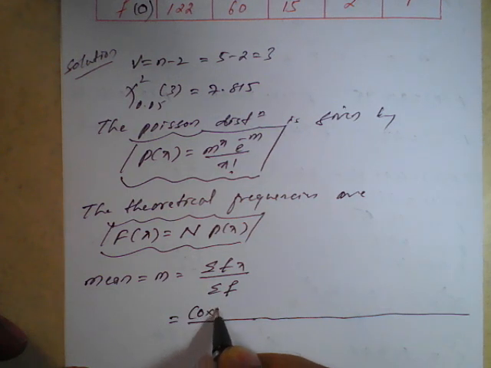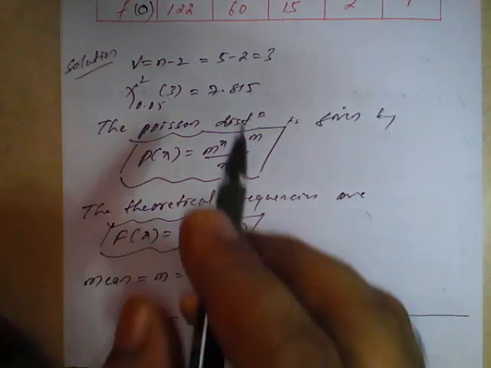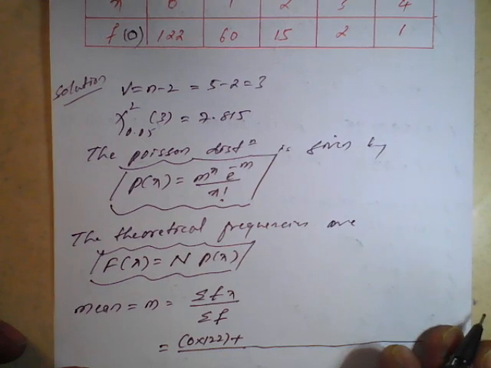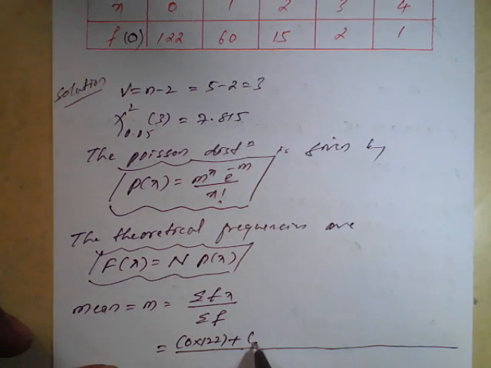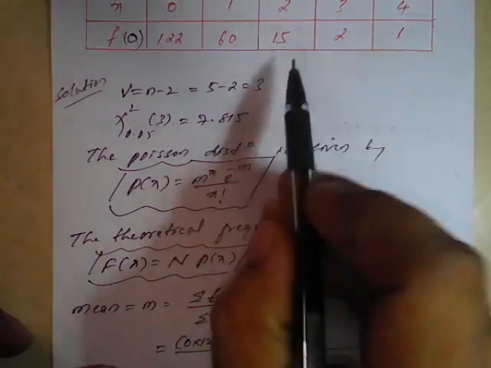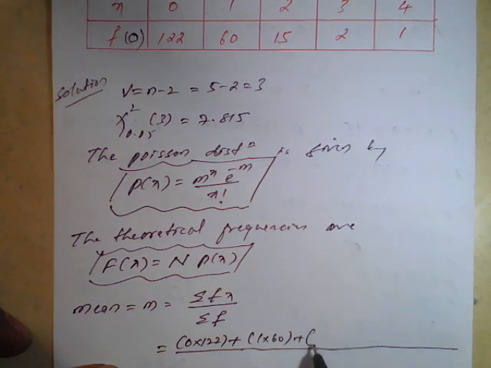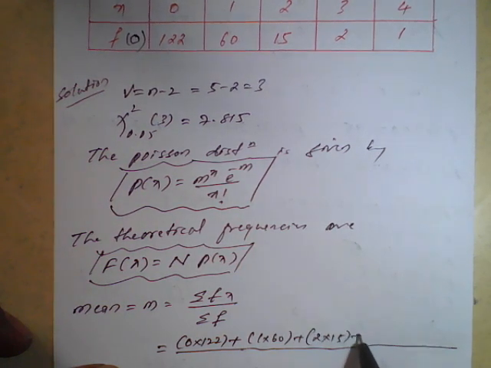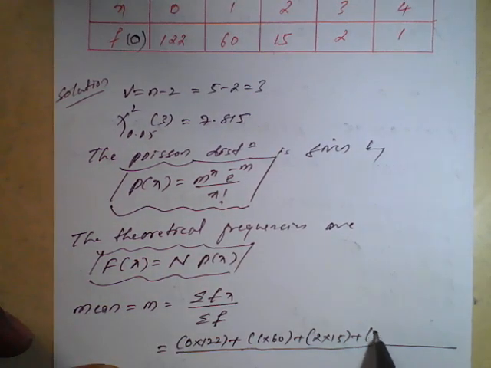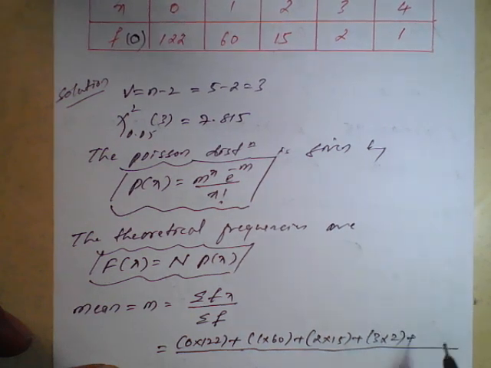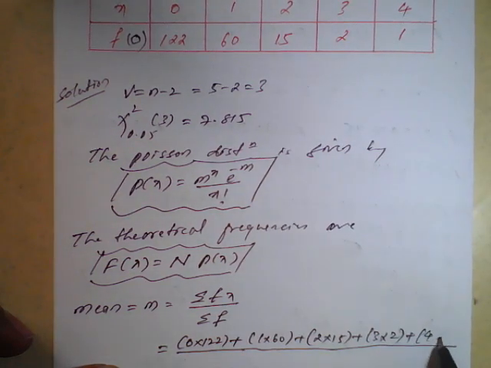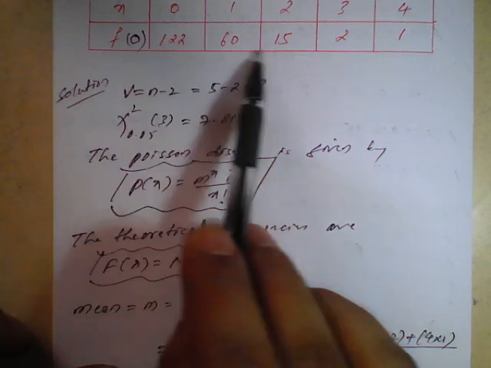So this f into x we have to do divided by summation of f, which is nothing but 0 into 122 plus 1 into 60, then 2 into 15 plus 3 into 2 plus 4 into 1, divided by summation of f.